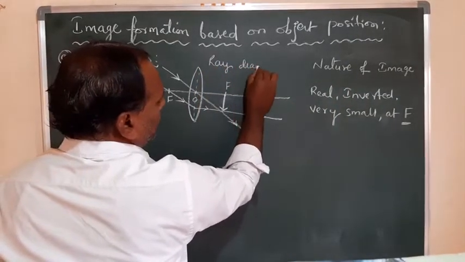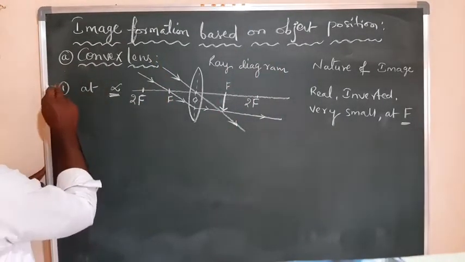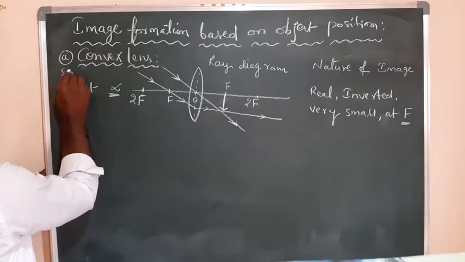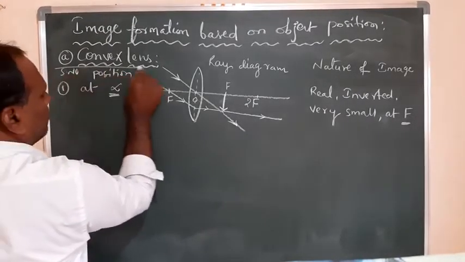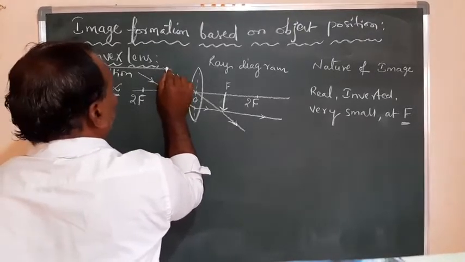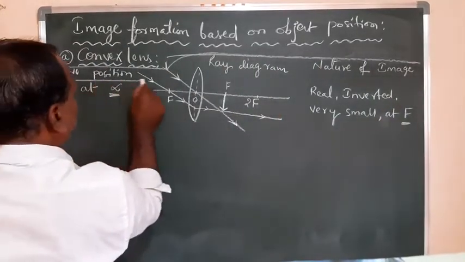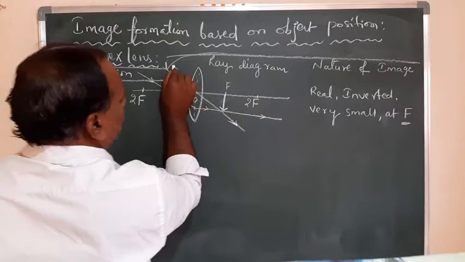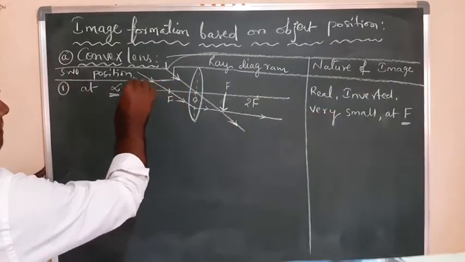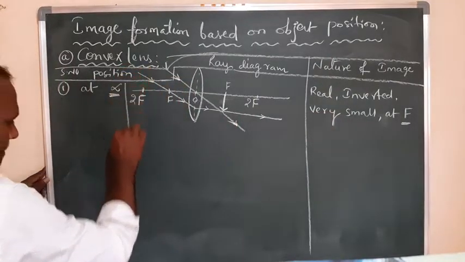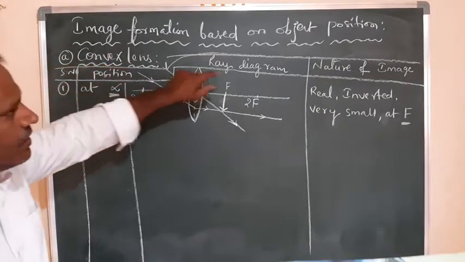Here SN I am writing for serial number. Now you can have serial number, position, ray diagram, and nature of the image.